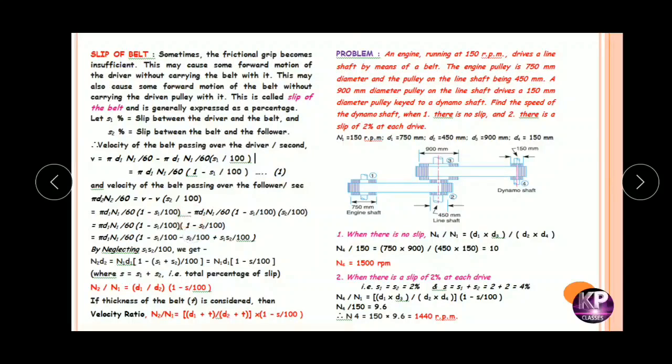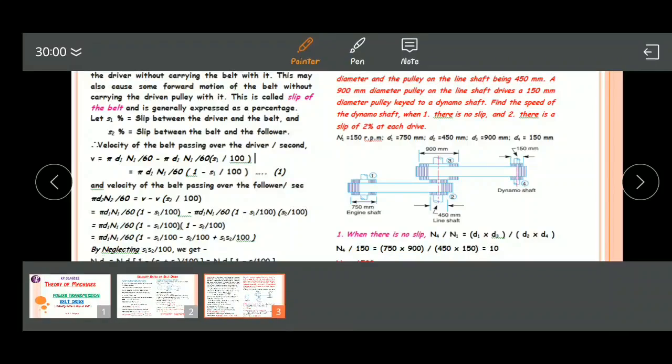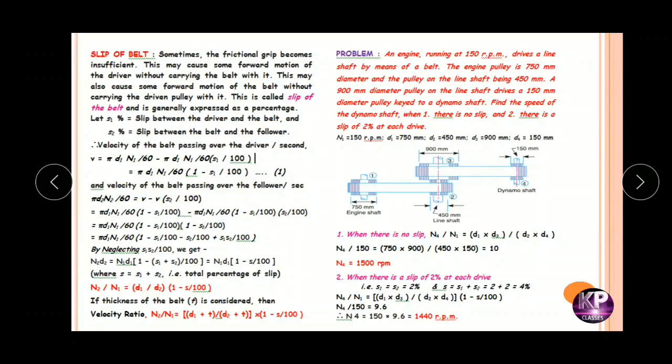In general, V is this one. Therefore, pi d2 n2 upon 60 equals pi d1 n1 upon 60 into 1 minus s1 by 100, minus pi d1 n1 by 60 into 1 minus s1 by 100 into s2 by 100.